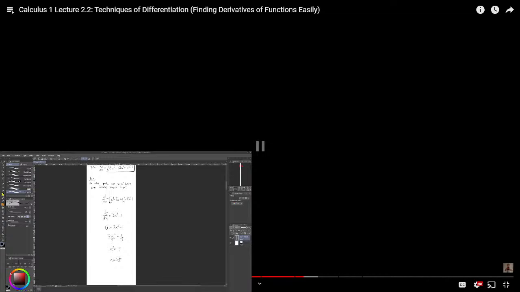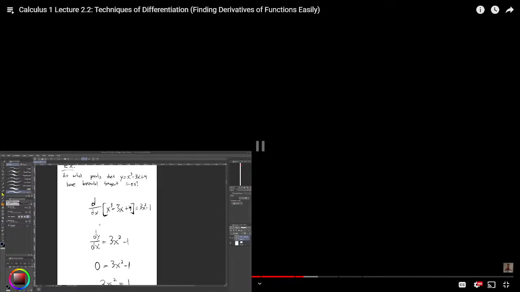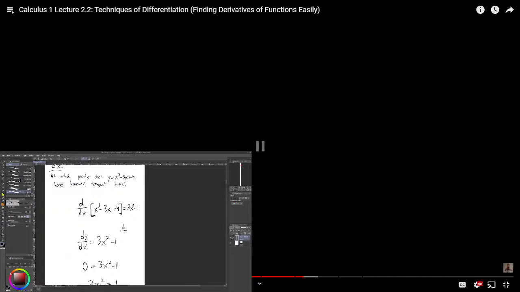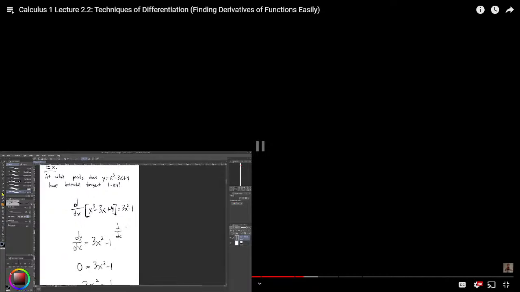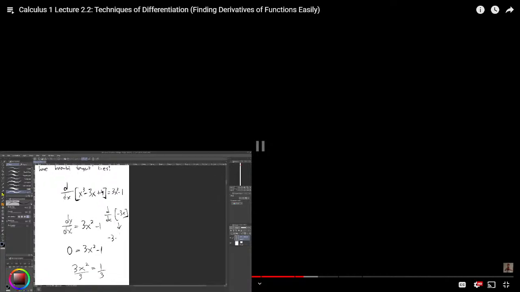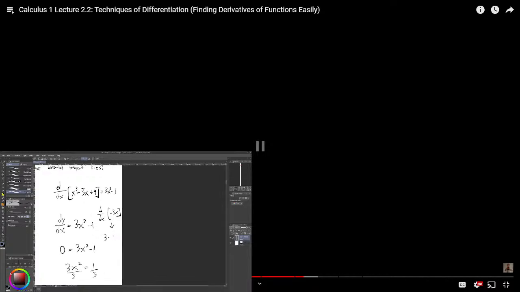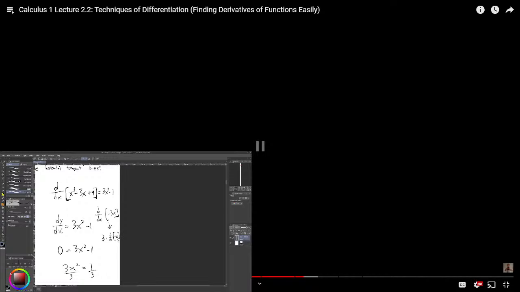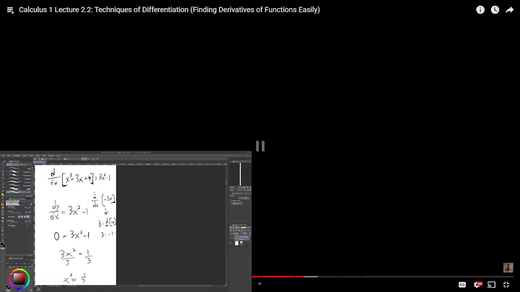Wait, would this be minus 3? Hold on. Because if you split this up, 3 times the derivative of negative x, which would be 3 times negative 1.